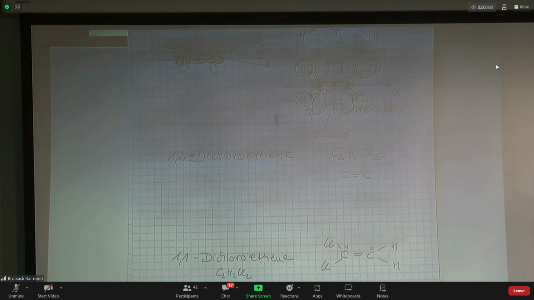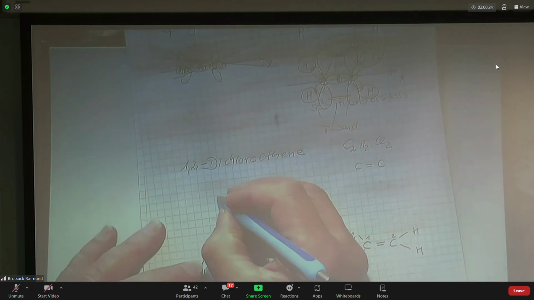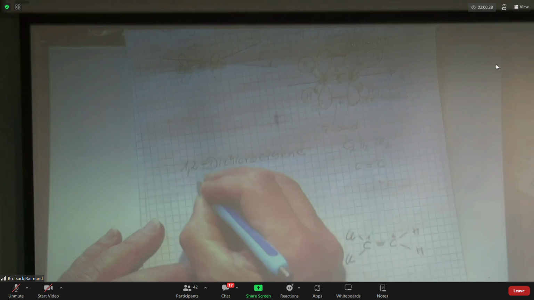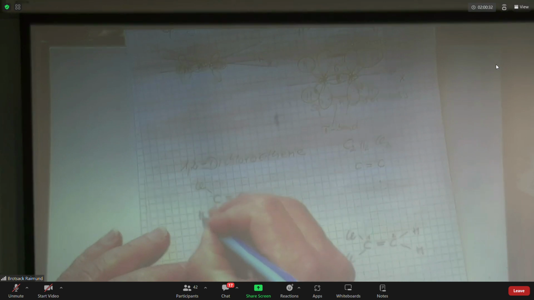Yeah. And now I tell you we have two different options to place the two chloro atoms on the atoms C1 and C2. The one is this one. We have the Cl here, and we have the Cl here.